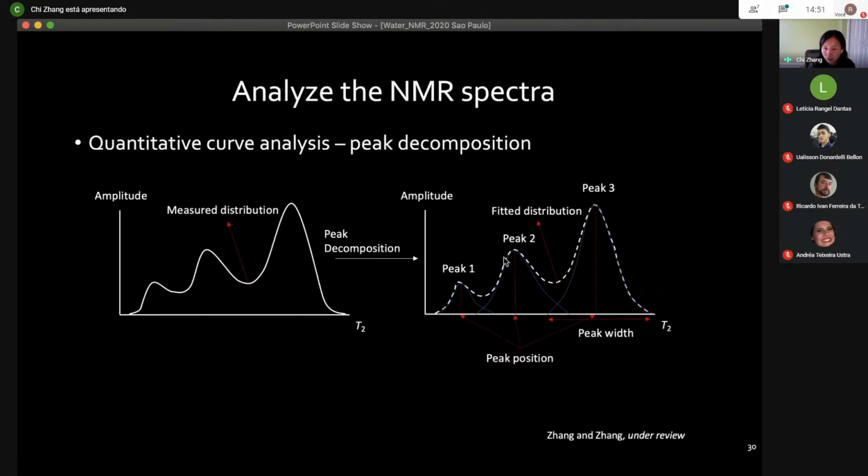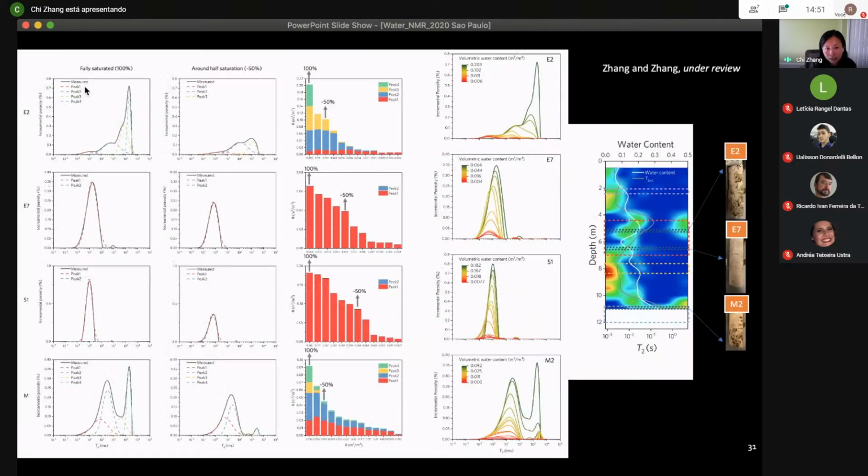So we developed a multi-Gaussian fitting regime to automatically pick these characteristic peaks and calculate the contribution of the different peaks to the overall shape of the spectrum. Using this method, we can analyze our T2 relaxation curve in a more quantitative way.